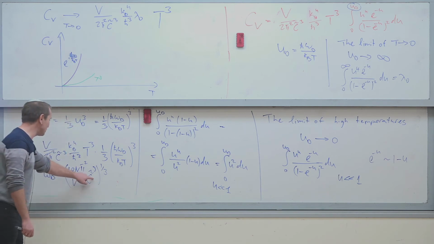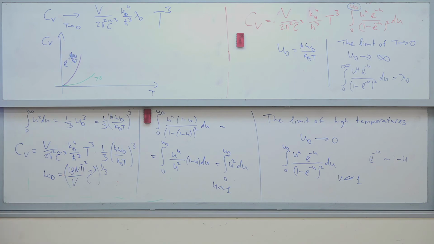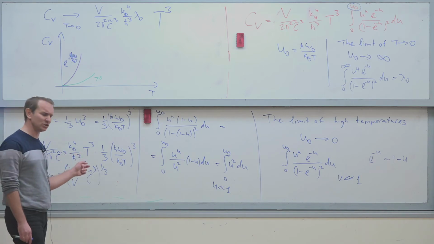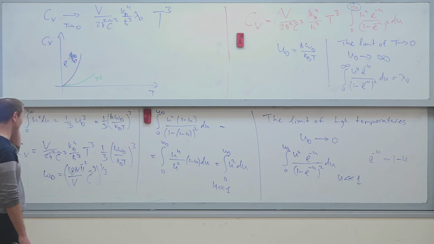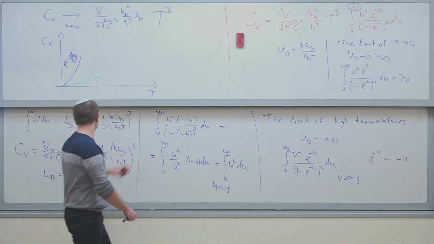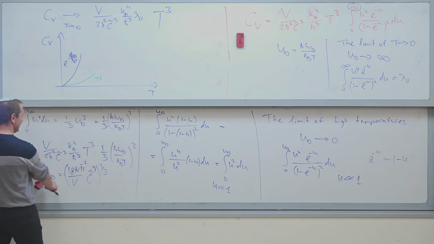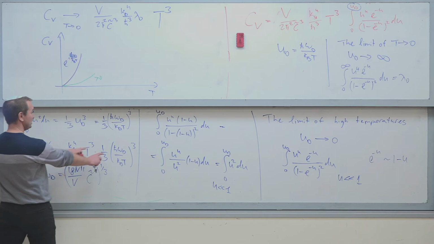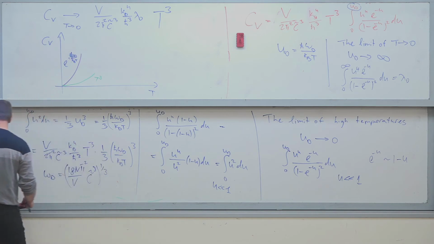So c tilde must be in the denominator. They are not on the same side. All right, so we got it exactly last lecture, and I think it's c tilde to the third and not c tilde to the minus third. Now I'm telling you why, because when we take this guy inside, we substitute it instead of omega Debye.